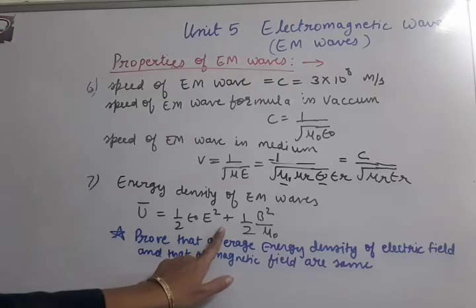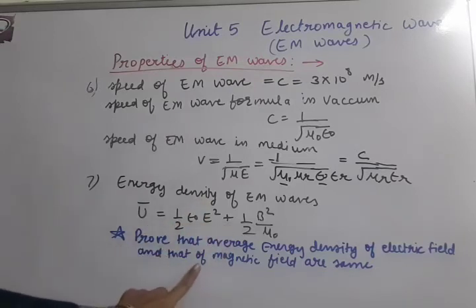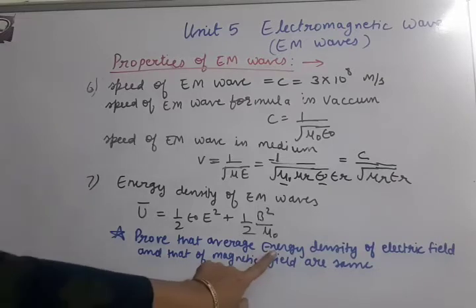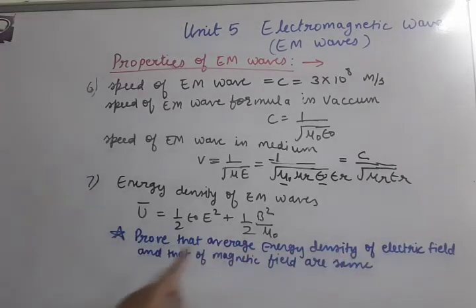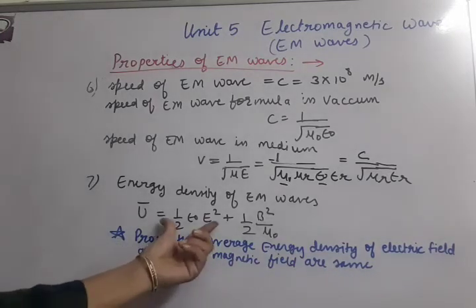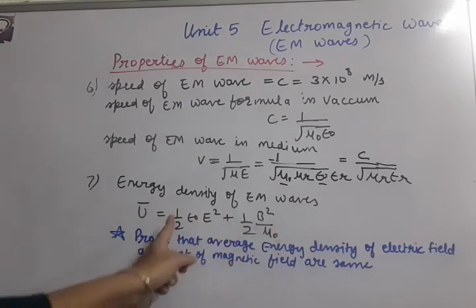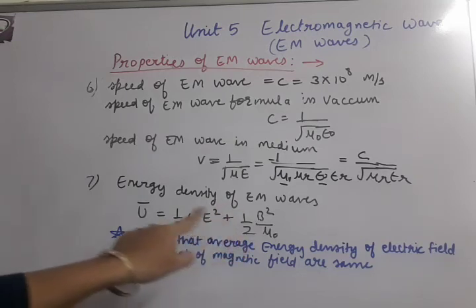Now, related to the energy density concept, one question is asked: prove that the average energy density of electric field and that of magnetic field are the same. So we have to prove that the energy density of electric field and the energy density of magnetic field are actually the same.